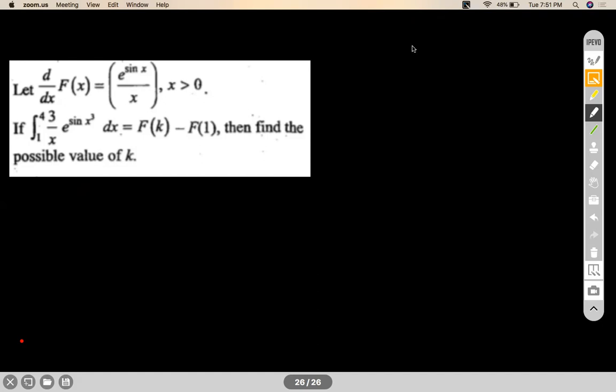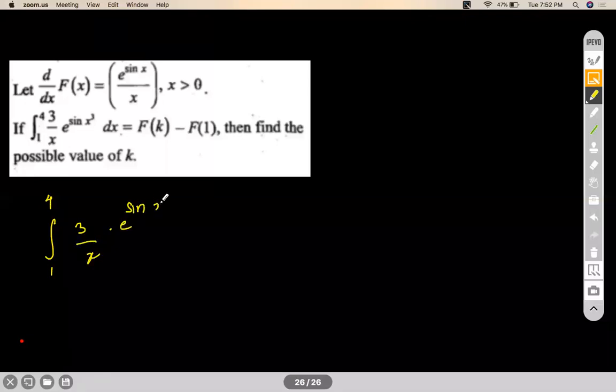Okay, very good. I'm getting response from many of you. Okay, let's discuss this. So you're trying to evaluate the integral of 3 by x e to the power sine x cube dx.